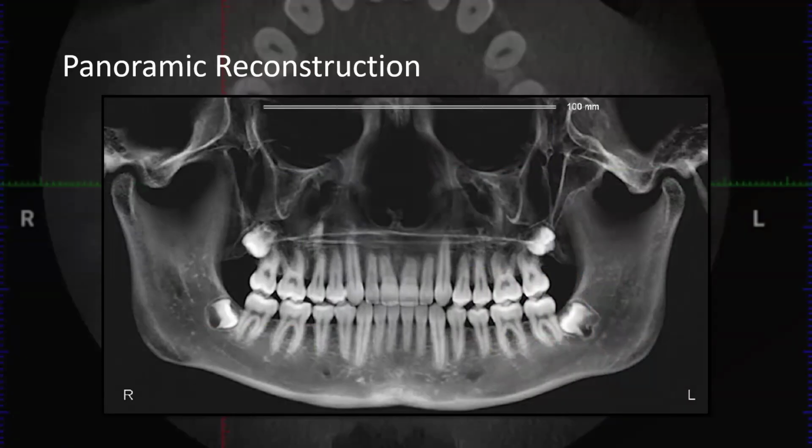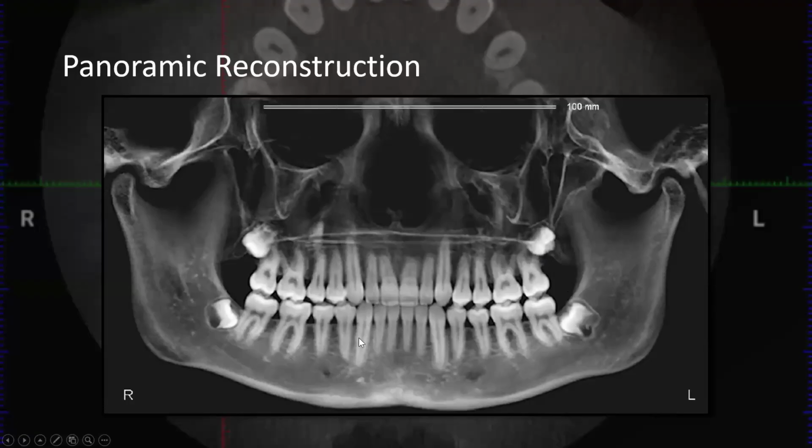What do you notice about the ghost images? For the most part, they're missing. Where's the ghost image of the opposing mandible? Because now I'm limiting everything I'm seeing just to that area around the jaws, just to what would be the focal trough in a panoramic radiograph. So there's no ghost image of the mandible, no ghost image of the spine, the hyoid bone.